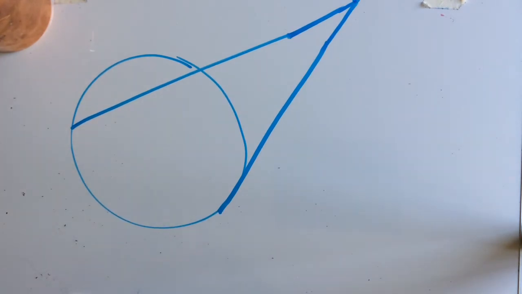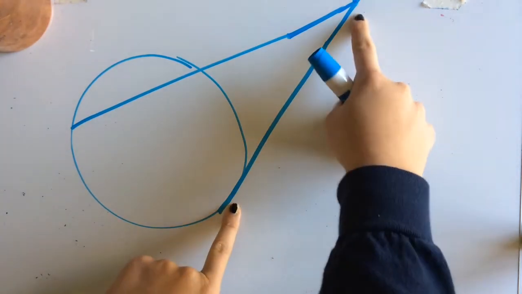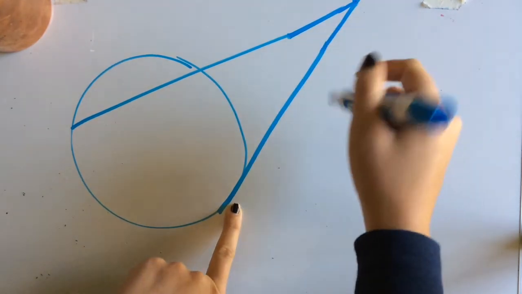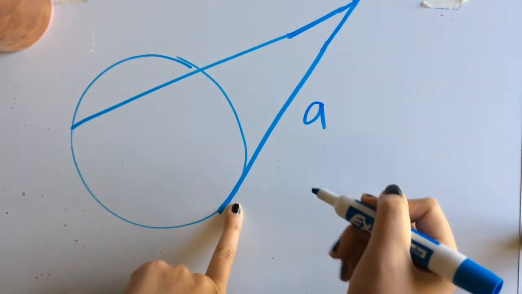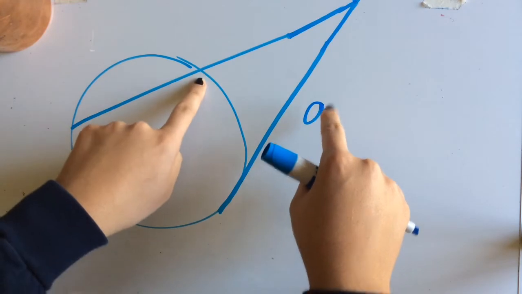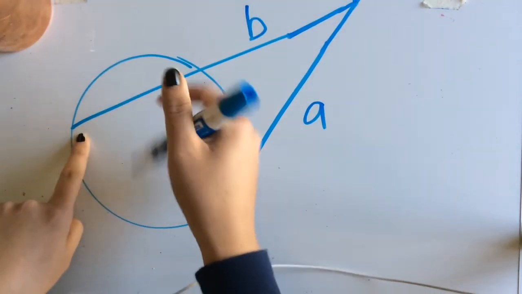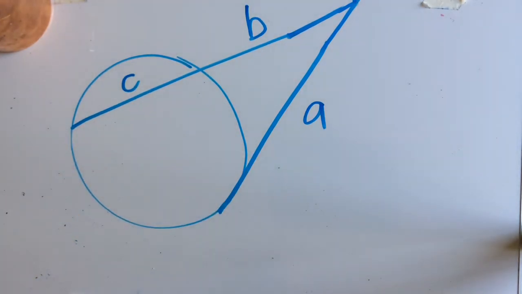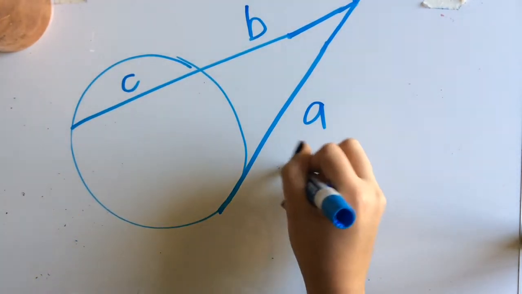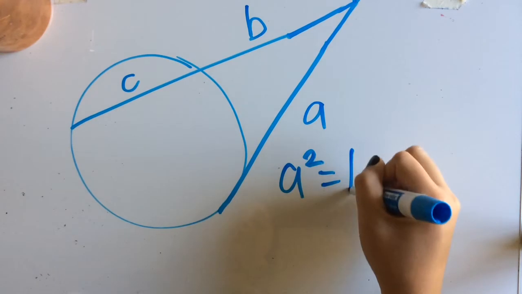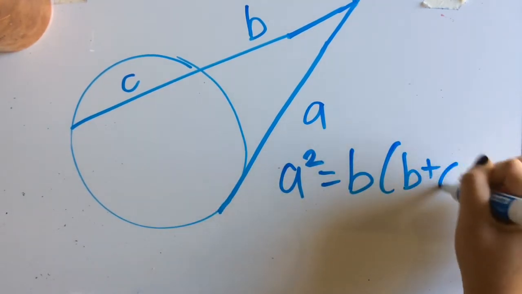Well, let's first label this. So the distance from that point to where they intersect, we're going to call that A. And the segment from the outside part of the circle of the secant, we're going to call that B. And then what's inside the circle, we're going to call C. So our formula for that is A squared is equal to B times B plus C.